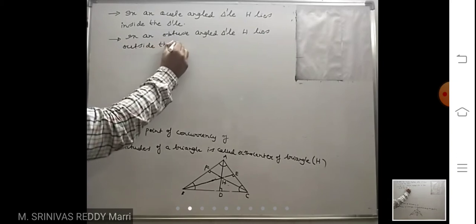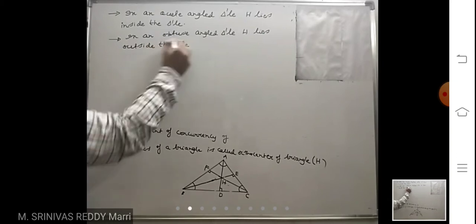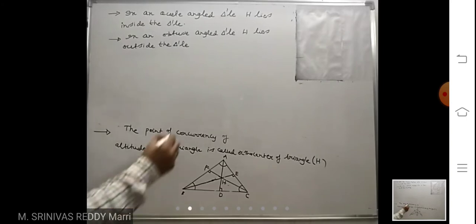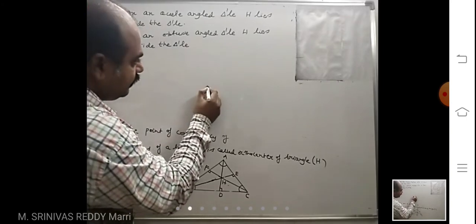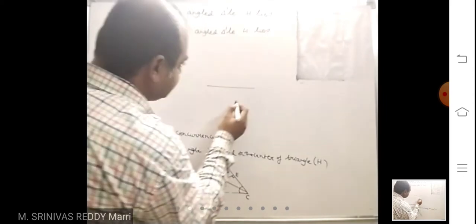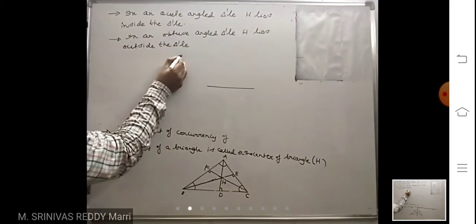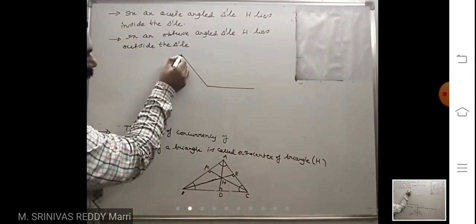Outside the triangle. Look at, take an obtuse angle triangle like this. I am taking an obtuse angle triangle.